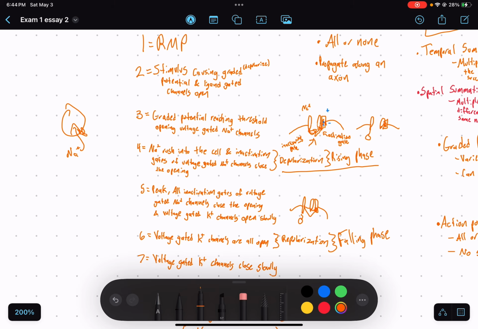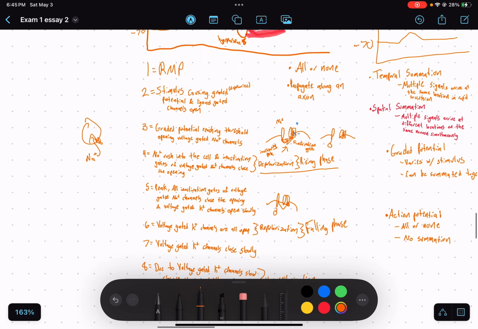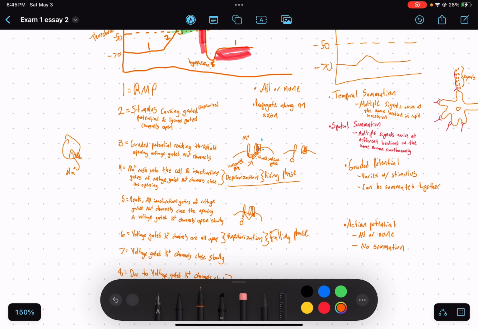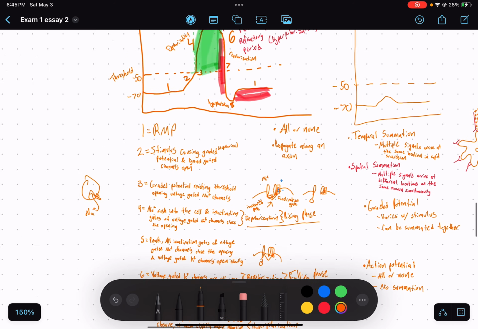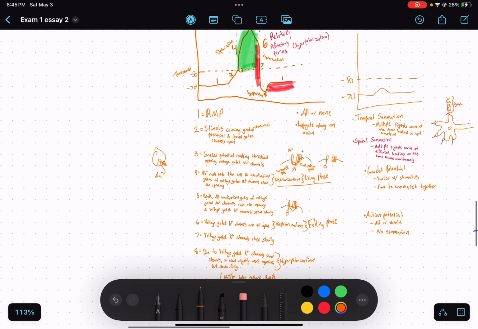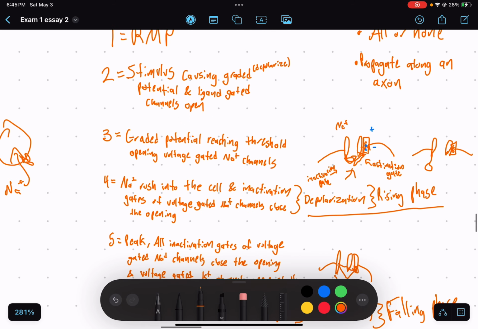And then another thing that you'll also start to see at around 3, that I didn't quite mention, is the voltage gated potassium channels start to open.